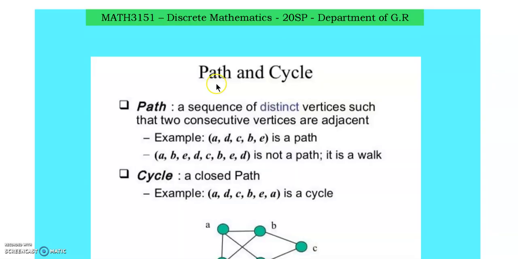Now we see what a path and a cycle are. What is a path? A sequence of distinct vertices such that two consecutive vertices are adjacent.